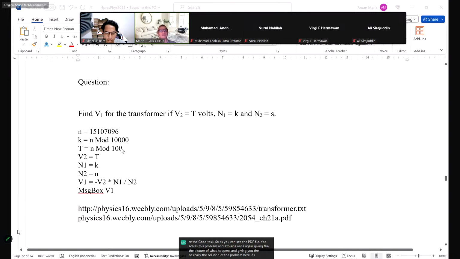As you can see, sometimes student number is called N, not always it is called S, because many years ago I called student number N. So please don't get confused. N in this case is your student number, okay? So I say S, but it's the same. N and S are the same in this case, okay?